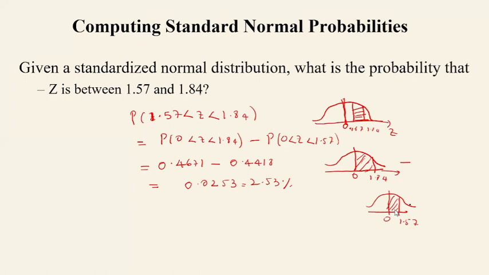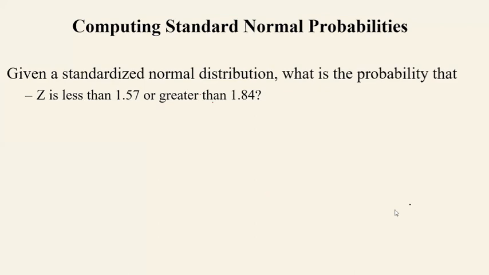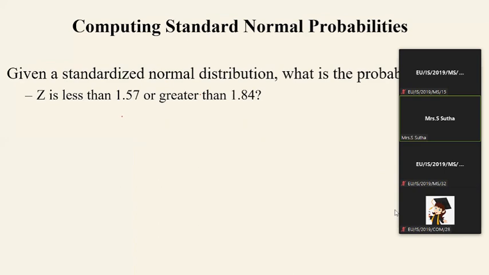Then the next part, given a standardized normal, what is the probability that Z is less than 1.57 or greater than 1.84? P of Z less than 1.57 or Z greater than 1.84.